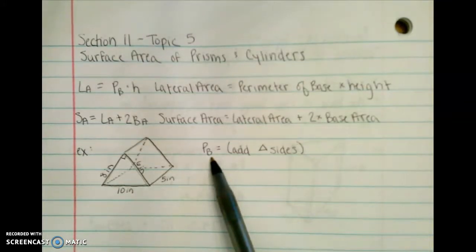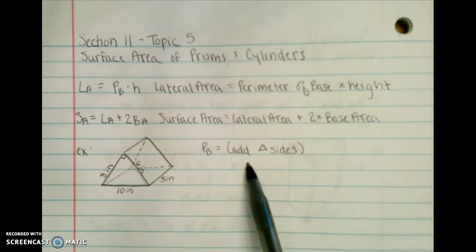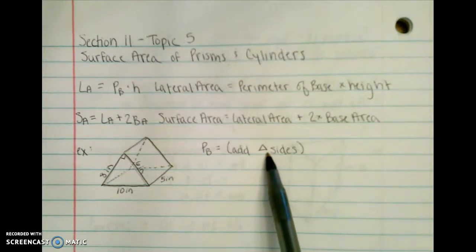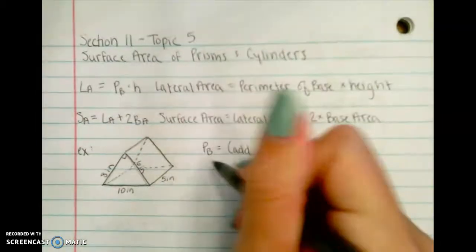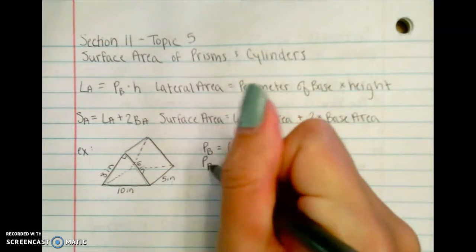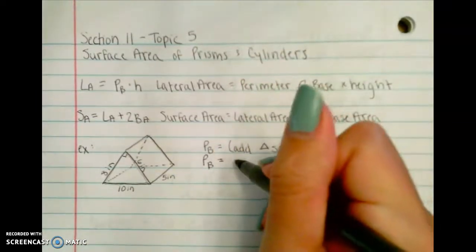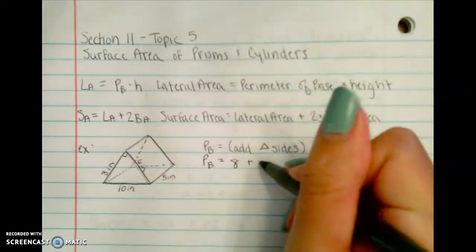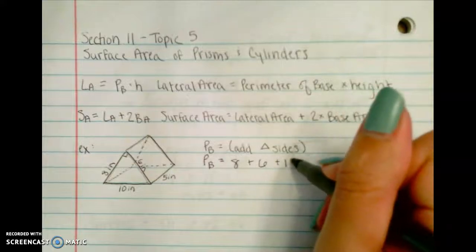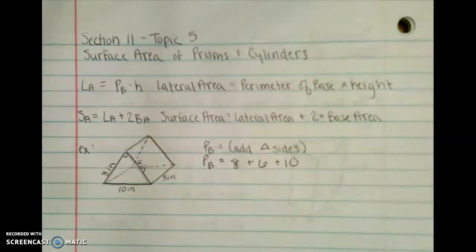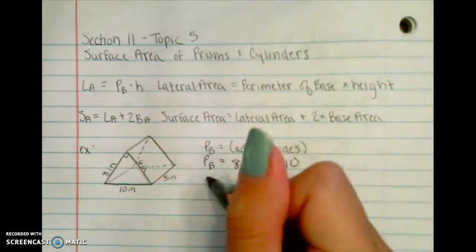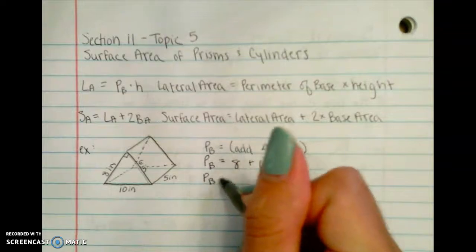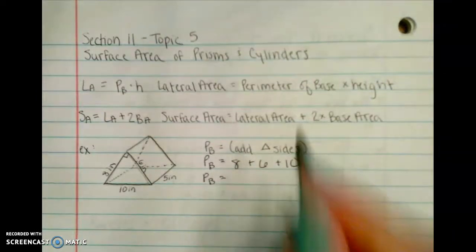For a triangle, all you're going to do is add the 3 sides that make up the triangle. So the perimeter of the base is 8 plus 6 plus 10, which is 24.